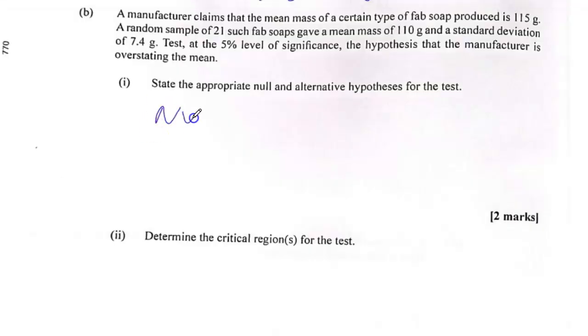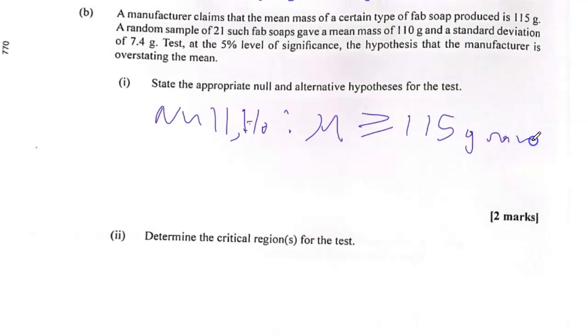So the null, we're indicating using H subscript 0, and the null is that the population mean is greater than or equal to 115, and the researcher is claiming that it's not.